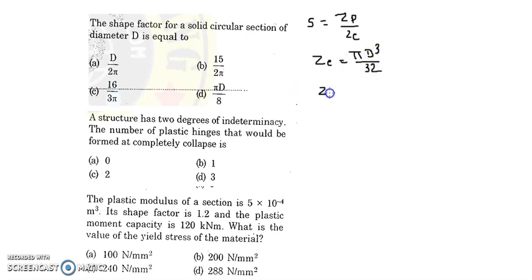So all I need to do is find ZP. ZP equals the area, pi d squared by 4, divided by 2, times yc, and yc equals 2d by 3 pi.